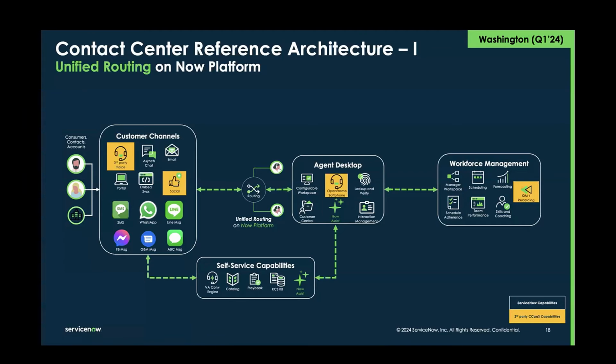What we've done is extend that even further, where the voice channels are also routed by AWA. All of the rules, assignment groups, and queues that you set up within AWA will be provided by the admin and managed directly in ServiceNow.